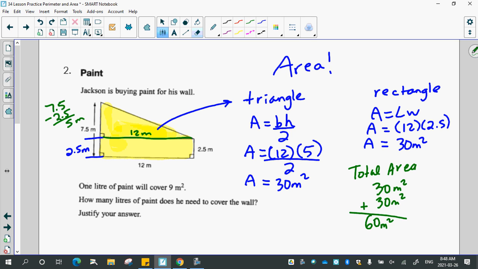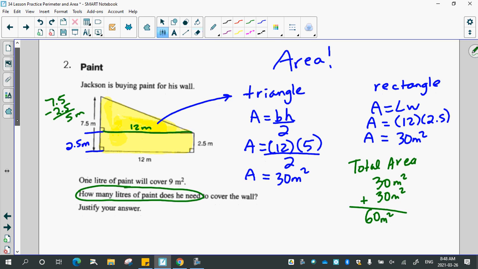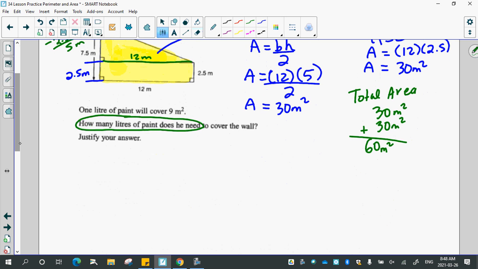So how am I going to figure out how many liters of paint I need if I know that 1 liter of paint covers 9 square meters? Or you can divide 60 meters squared by 9 meters squared. Good. So I need to cover 60 meters squared. So the number of liters is going to be my 60 square meters divided by the 9 square meters that 1 liter covers.